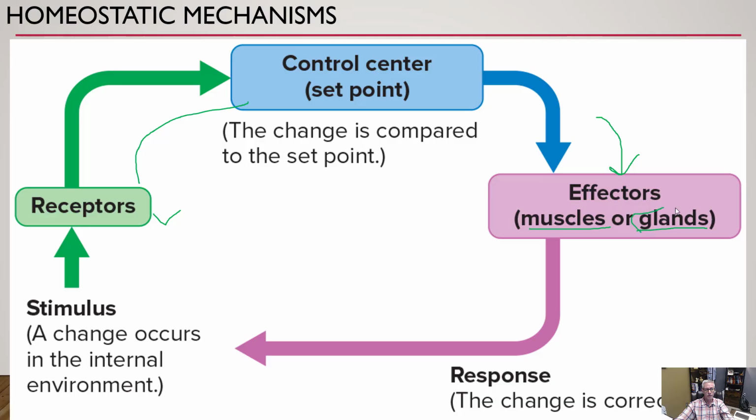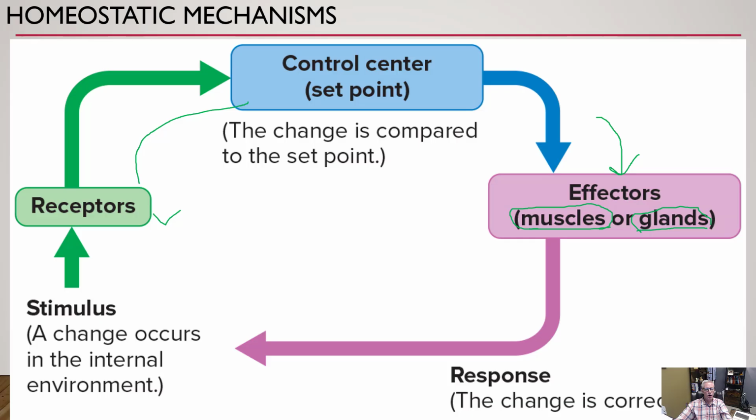So I already mentioned the pancreas. So let's say that we're hypothermic, we're too cold. We might shiver. And I used that example earlier. We might shiver, and when we shiver, we break down ATP. That ATP will release some heat, and hopefully that will warm us up.